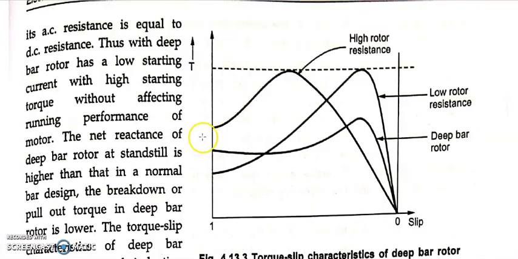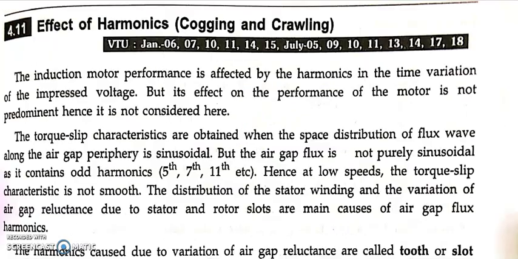In that case we will not be getting such patterns, that is, the smooth torque slip characteristics. Instead we will get some harmonics present inside this waveform. It is not shown here, but will be seen soon. I hope you understood why harmonics are introduced.